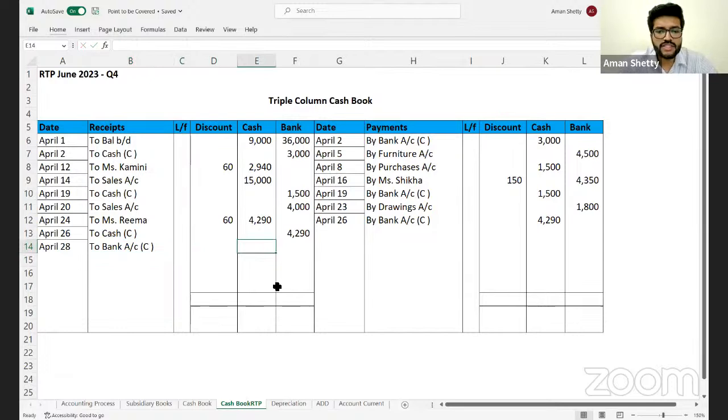In the cash column, write down rupees 6,000. April 28th, by cash account. In the bank column, rupees 6,000.